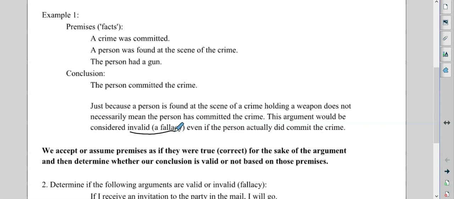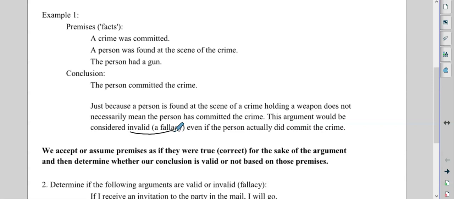Okay, say it was a murder. There's a murder, someone in the other room walks in, stupidly goes, oh my God, picks up a gun, and the cops walk in. Well, they didn't commit the crime, but it looks like they did based on the circumstantial evidence of the situation. Now, in that situation, the conclusion that they committed the crime would end up being wrong. Okay?